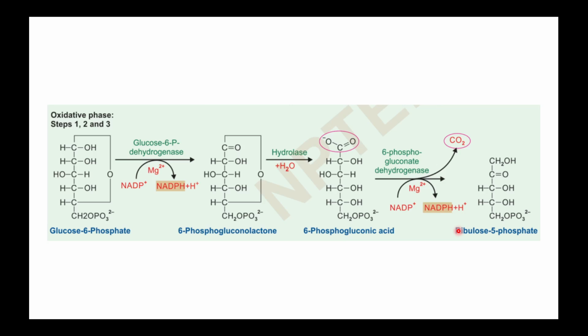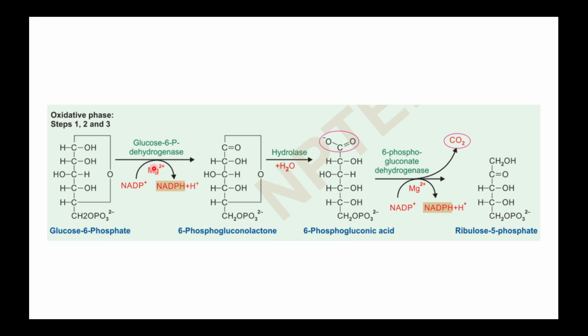So this is the oxidative phase of HMP shunt pathway. I told you it starts with glucose 6 phosphate. So glucose gets converted into glucose 6 phosphate. After that, glucose 6 phosphate in glycolysis goes to fructose 6 phosphate, right? But in HMP shunt pathway, it will be oxidized to 6 phosphogluconolactone by the enzyme glucose 6 phosphate dehydrogenase.